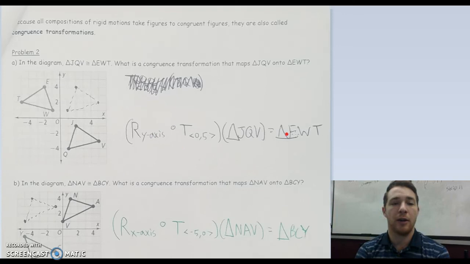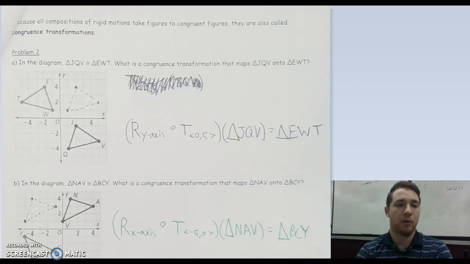But using my notation, I said that we could move this first, translated 5 units upwards. So I took JQV, I moved every point 5 units up. That brings us to the first quadrant. And then it looks like these are mirror images of each other, so I could then reflect my image over the y-axis. That would result in the triangle we're looking for. So again, if I translate 5 units upwards and reflect in the y-axis, that would map JQV onto EWT.